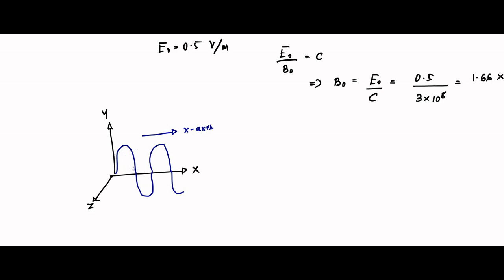The amplitude variations of the electric field are along the y-axis, so the electric wave component is confined to the xy plane. Obviously the magnetic field will be in the mutually perpendicular plane, the xz plane, and the amplitude variations of the magnetic field will be along the z axis, like this.